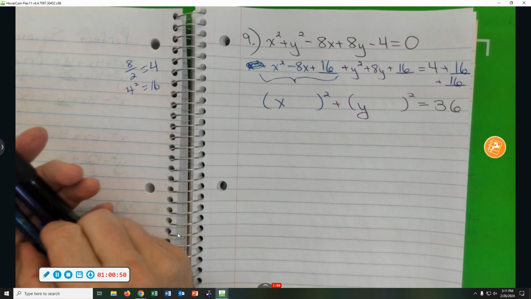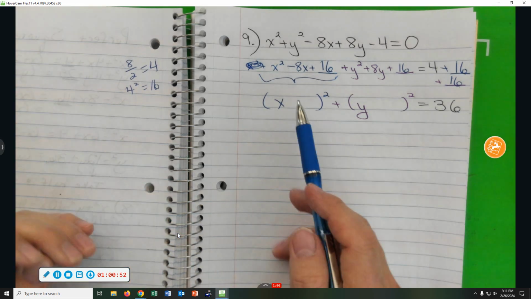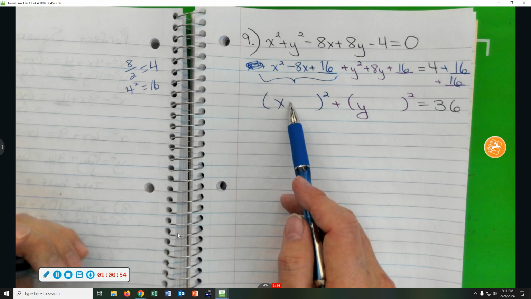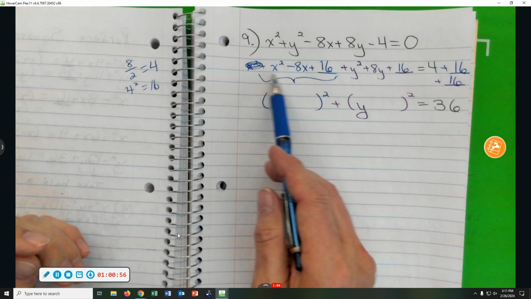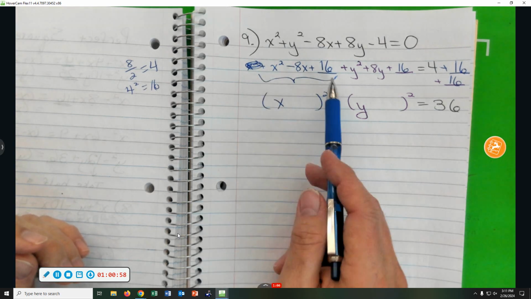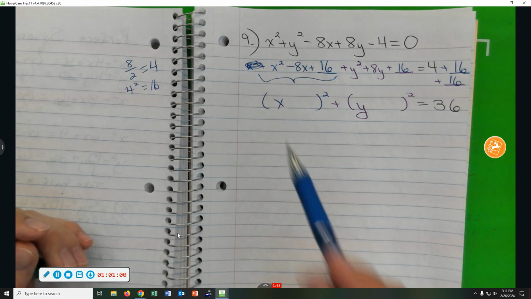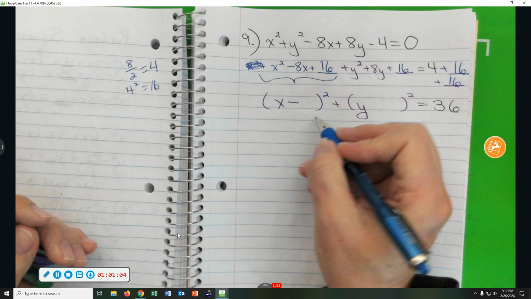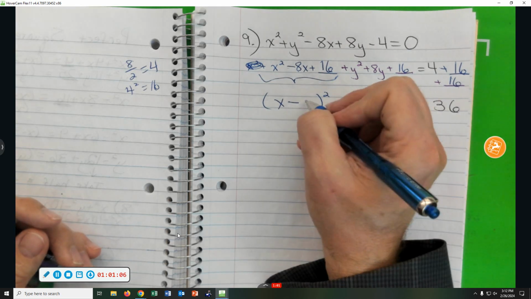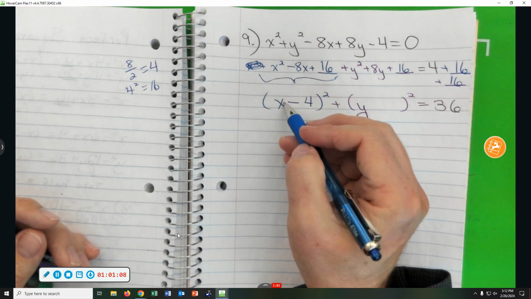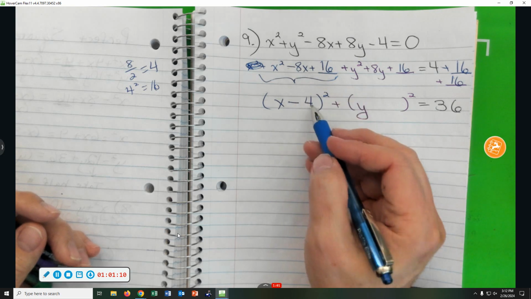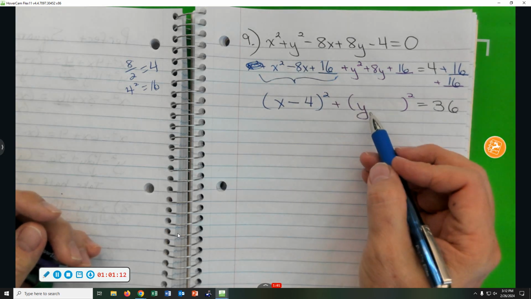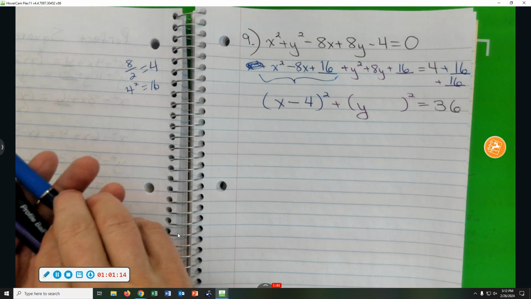I need to get this into center radius form. What sign am I going to have here in these parentheses? We're looking at that 8x term. So it's x, sign, minus, number, 4. Variable, sign, half of that number. For the y's, what are we going to have?